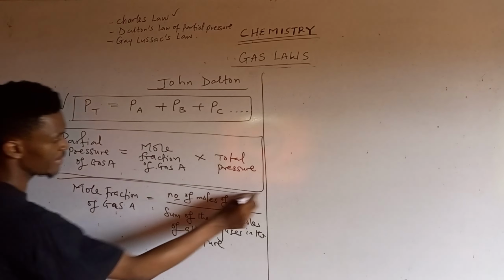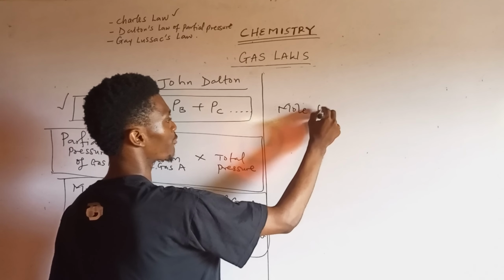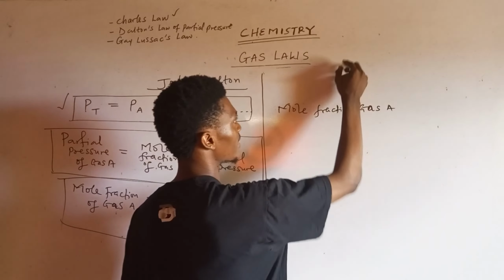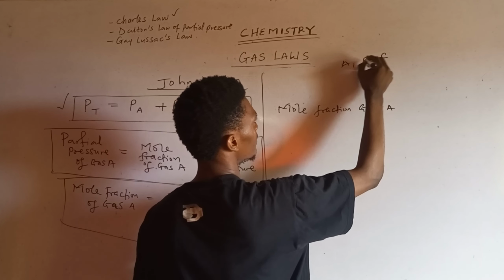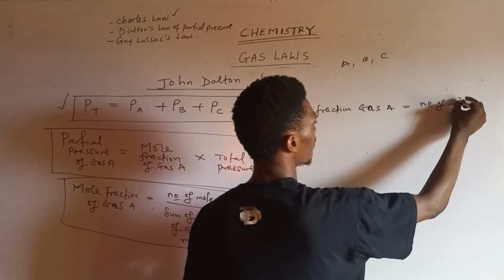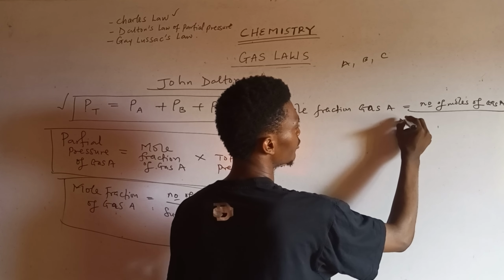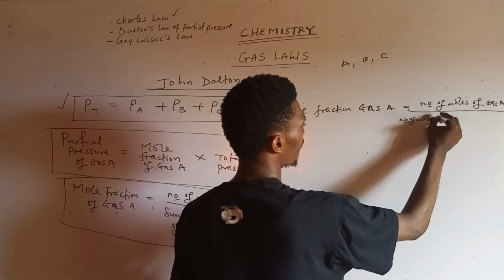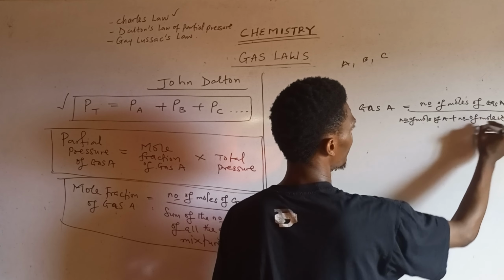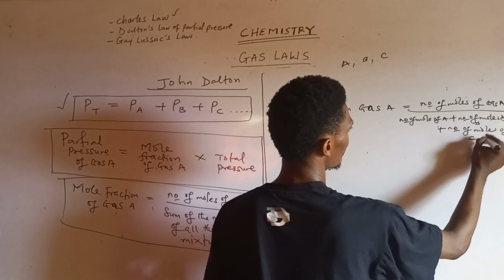So what this means, in a simplified pattern, is: let's say you have three gases A, B, and C. To get the mole fraction of gas A, it becomes the number of moles of gas A over the number of moles of A plus the number of moles of B plus the number of moles of C. So that's what it means.